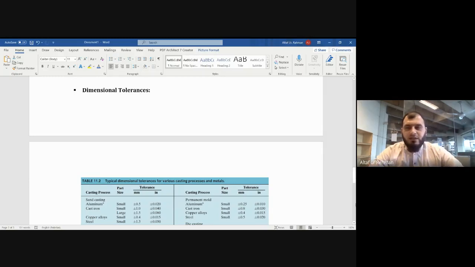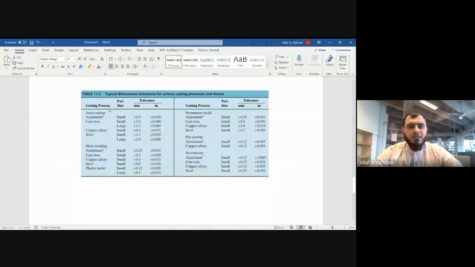For example, in the figure you can see that if we are performing a casting process like sand casting, for different materials we get different tolerance levels. For aluminium, the tolerance is 0.020 inch or 0.5 millimeters.